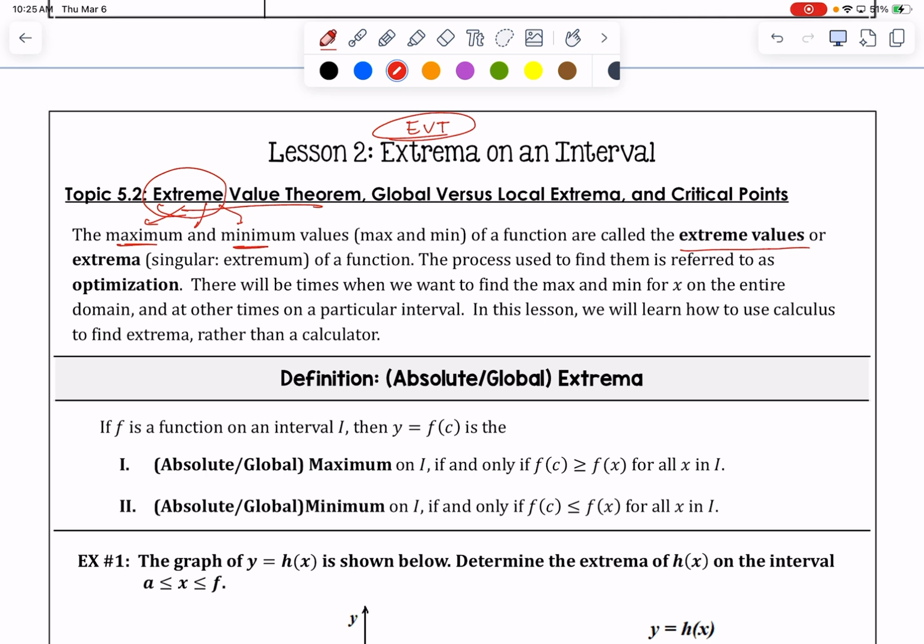Do you think maxes and mins matter in the real world? I promise you, KLN's thinking about how they can maximize profit. I tell you, KLN's thinking about how they can minimize expense. Any manufacturing company is thinking about how they can maximize their time, produce the most product in the amount of time given, also minimize time for employees.